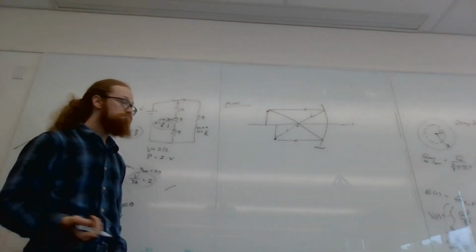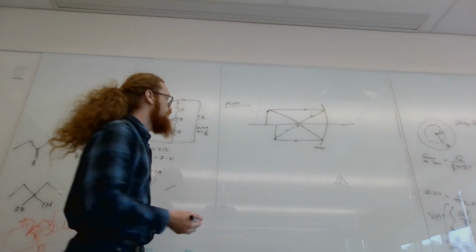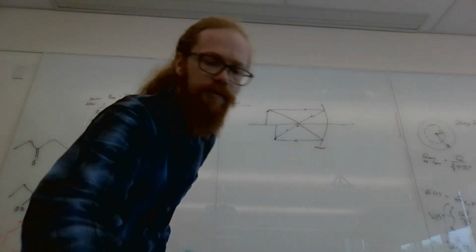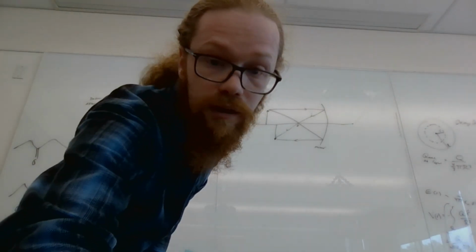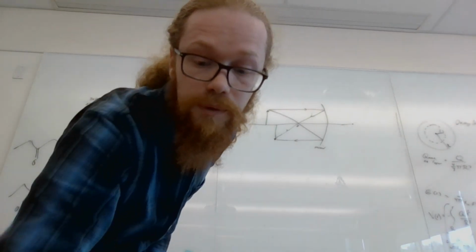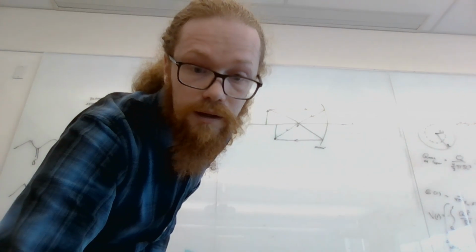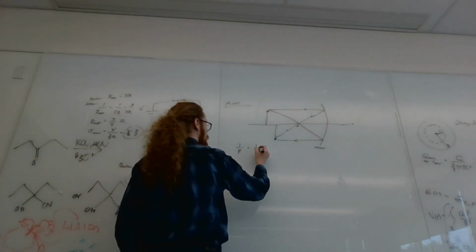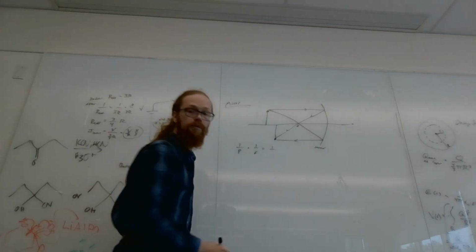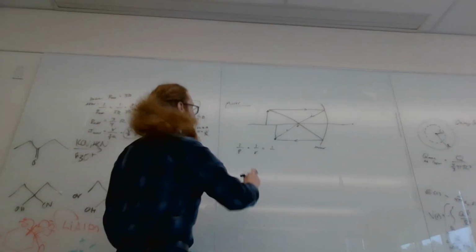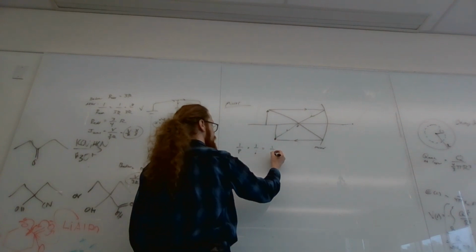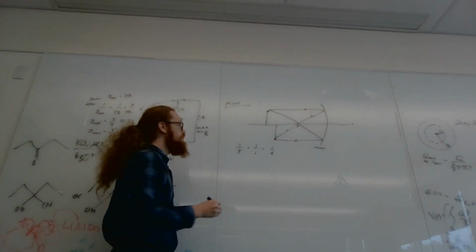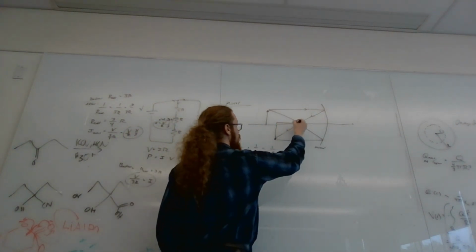For the math, we use the same equation that we do for the lenses, which is, oh geez, I have to relook at the lens equation. It should be something like 1 over P plus 1 over I equals 1 over F. The I is your image distance, so that's going to be this guy.